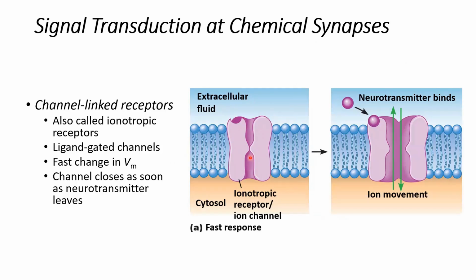So sodium is going to be moving into the cell, potassium is going to be moving out of the cell, and more sodium is moving in, which is what helps to result in the depolarization. And so that's a net positive charge entering the cell. And so that is how we can quickly respond with a graded potential. So this is your fast channel or your ionotropic receptor.